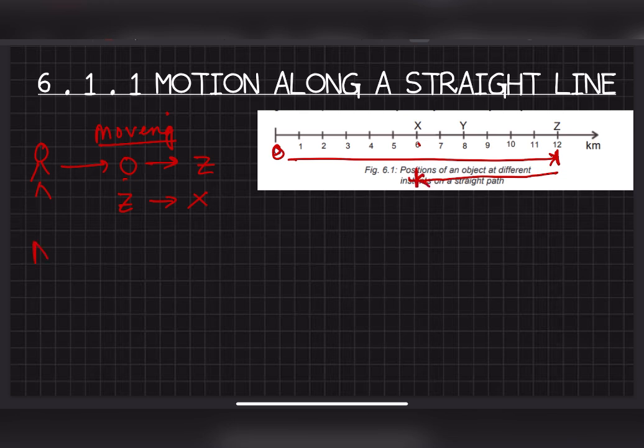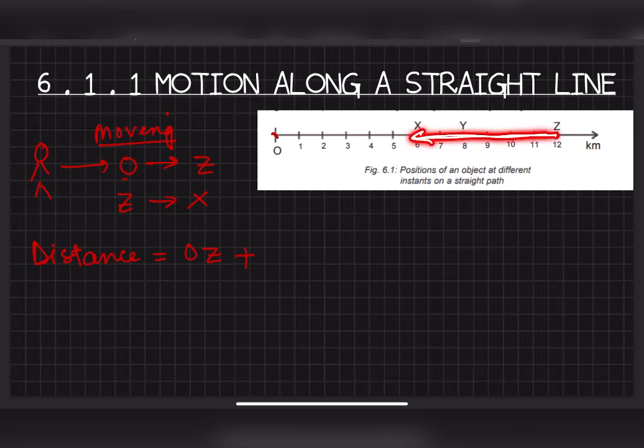So distance will be equal to how much? Distance is equal to O to Z, OZ, right? So distance will be equal to OZ plus another, after that you are coming back. You went from O to Z and came back till here. How much is this distance?